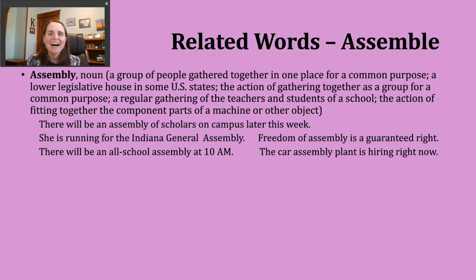Another way we will use this noun assembly is to talk about a regular gathering. You might think of this like a meeting of teachers and students at a particular school. So some schools will say there will be an all-school assembly at 10 a.m. When I was growing up, I feel like maybe once a month we would have this.